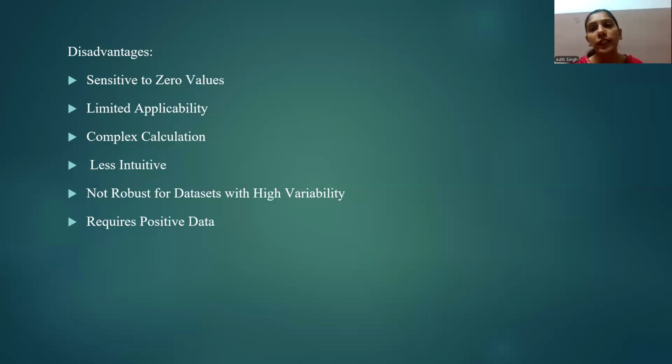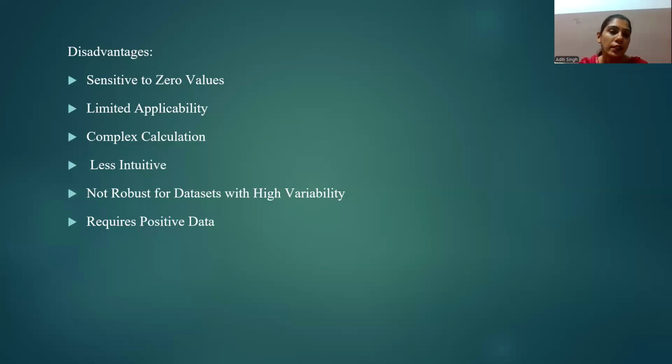So we can say that when we manually calculate the harmonic mean of a large data set, there can be some problems, it can be prone to error, and it requires computing tools for accuracy in the case of harmonic mean.